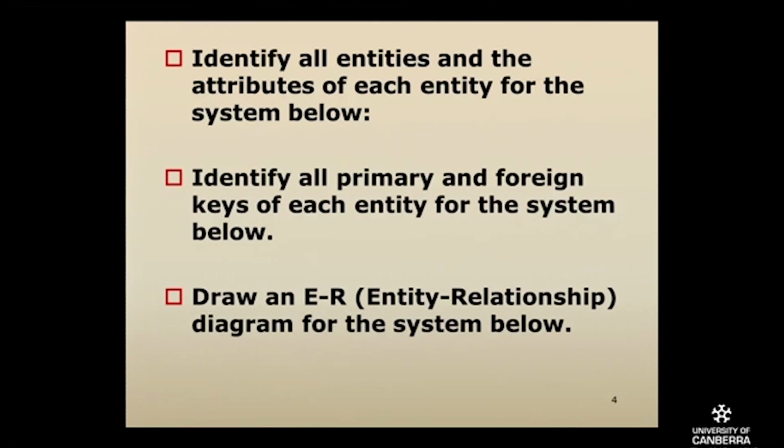So when you read the scenario, identify the entities and attributes, and then figure out which attribute belongs to which entity, or which data items you need to store. Once you know the entities and their attributes, create a primary key for each entity. One or more attributes of the entity can become your primary key, or you can create your own primary key.